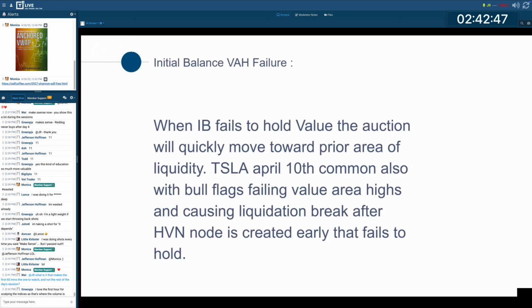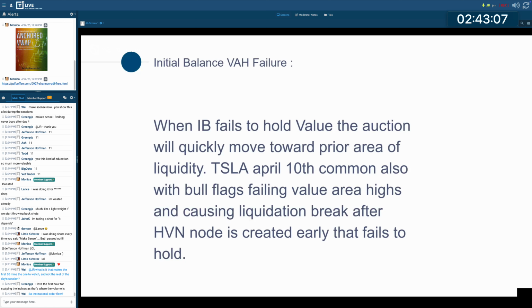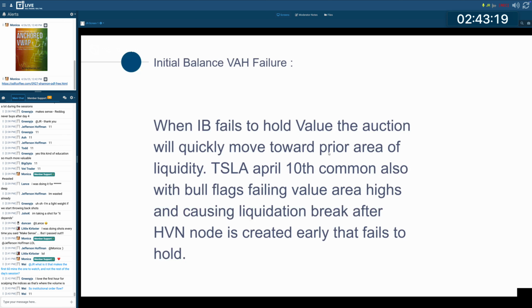But oftentimes those opening imbalances are fulfilled in the first 60 minutes, and then the question is, do you have enough of an imbalance after the initial balance to help the cause of the bulls trend higher, weighed by institutional flow, or are they going to run out of steam, and are you going to get a rotation back to lower levels?